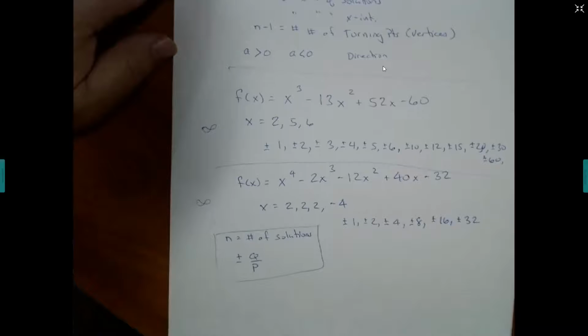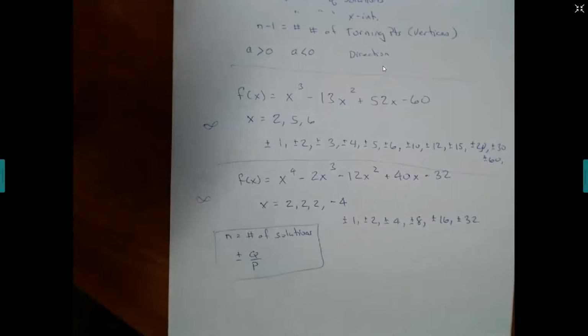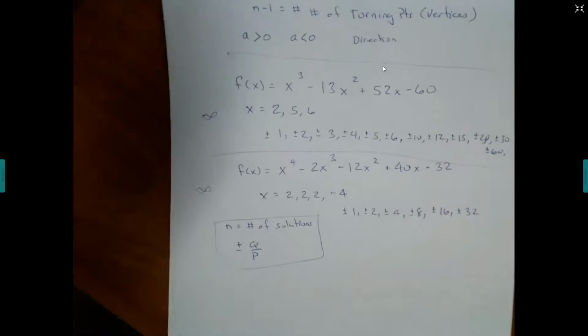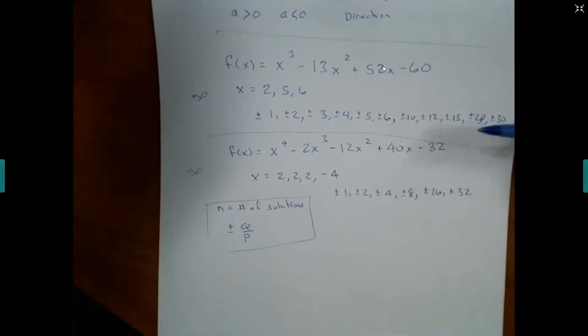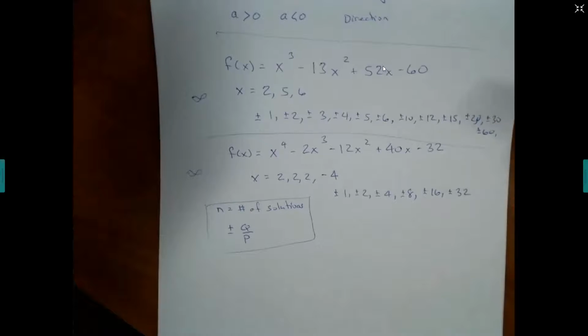There's one more step, one more rule of thumb that could narrow it down even further. What if I could determine the maximum number of positive or negative answers that you'll have?